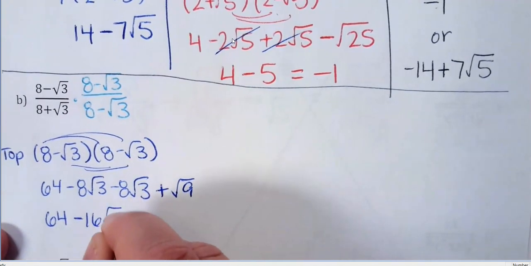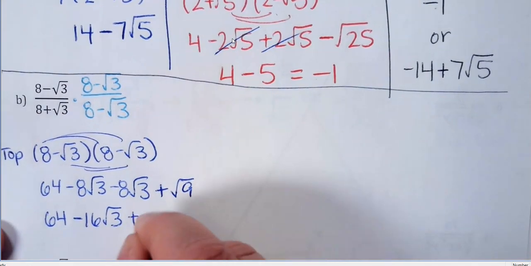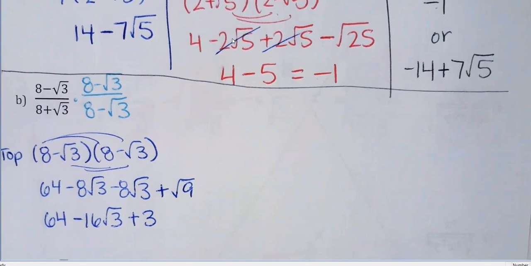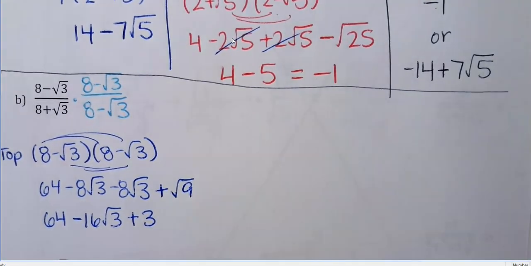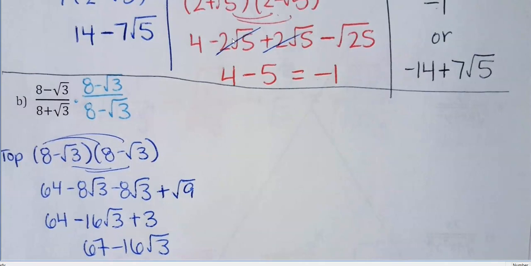I can combine them. They are like radicals. And then the square root of 9 there on the end is 3. The only other thing you could do there is actually add the two plain numbers, the 64 and the 3 together. So this would be 67 minus 16 roots of 3. Again, don't put the 67 and the 16 together. It's like 67 minus 16x. You wouldn't put those together, so don't put those together. They just stay separate. That's the top of the fraction.